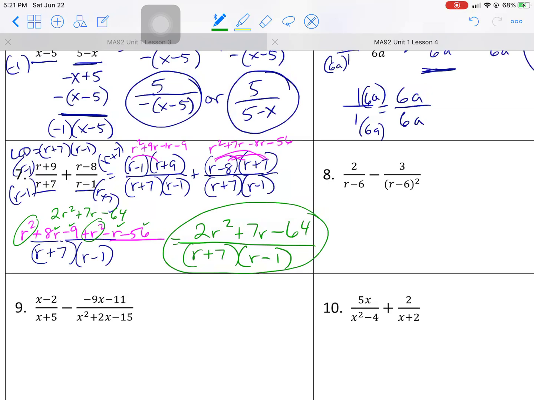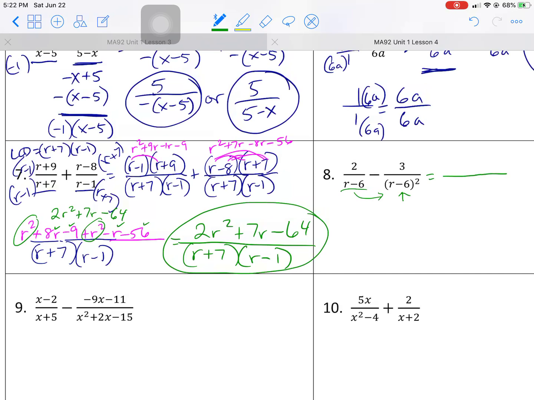All right. Over here we have, this is my LCD, because this factor is in there already. So that means we can keep it the same. Is anybody shortcutting any one step by now?